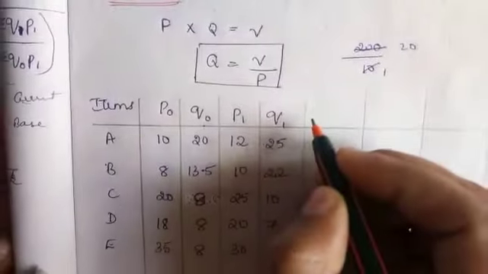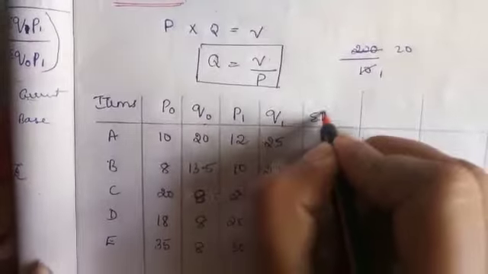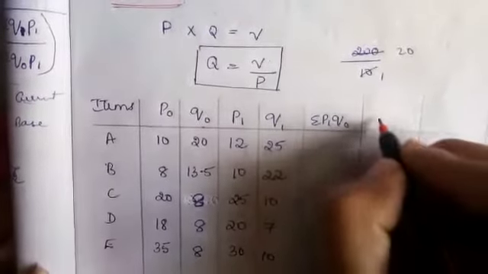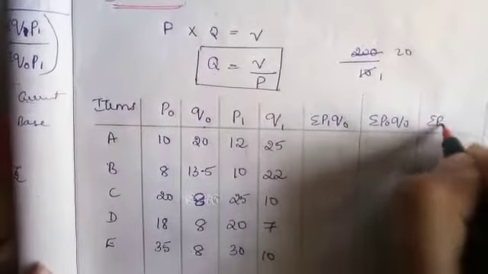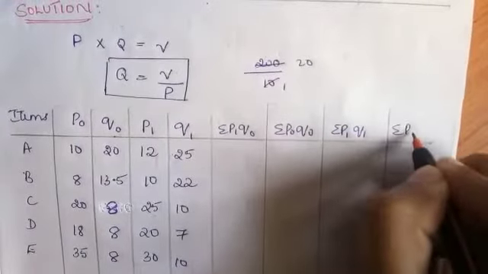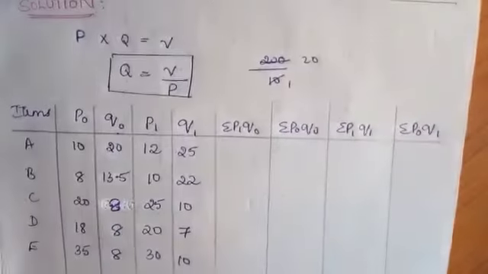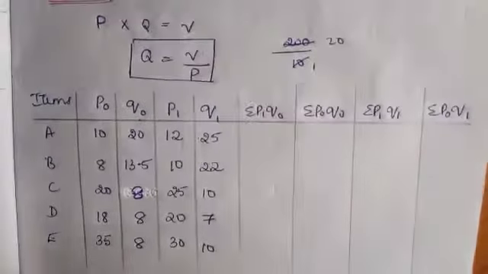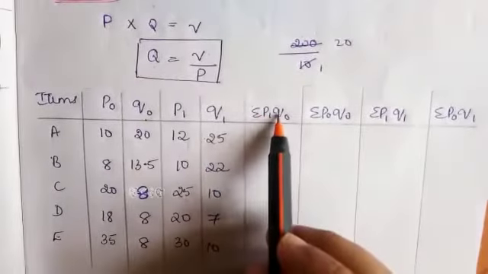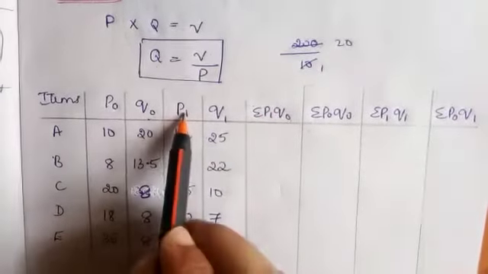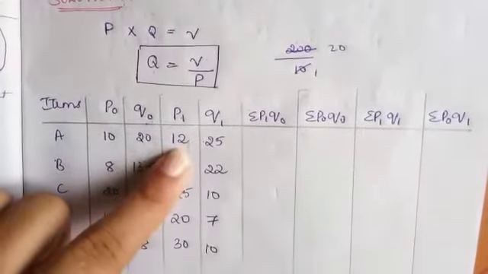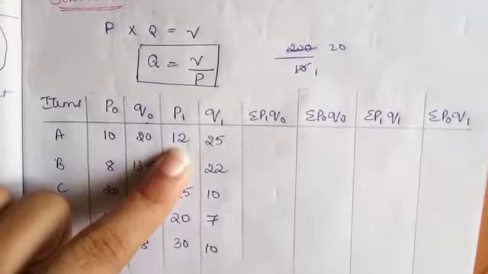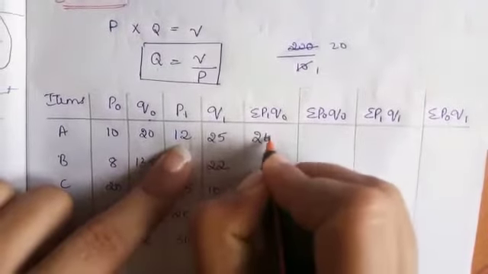Now we need summation P1Q0, summation P0Q0, summation P1Q1, summation P0Q1. These are the four pieces of information we need. How will we calculate summation P1Q0? It is P1 into Q0: 20 into 12 is 240.